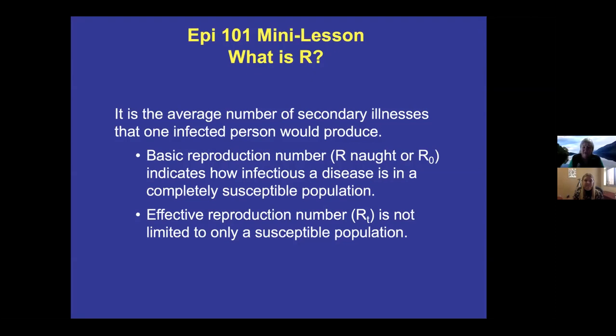That indicates how infectious a disease is in a completely susceptible population, where 100% of the population has never been exposed to this virus or is not immune to it. The effective reproductive number, and I'll call that for this presentation Rt with the little t, is not limited to only a susceptible population, and it also takes into account some other things such as social distancing and adjusts for that.